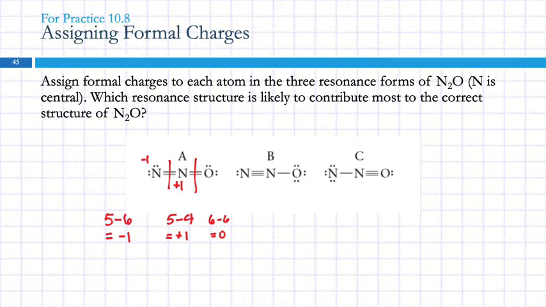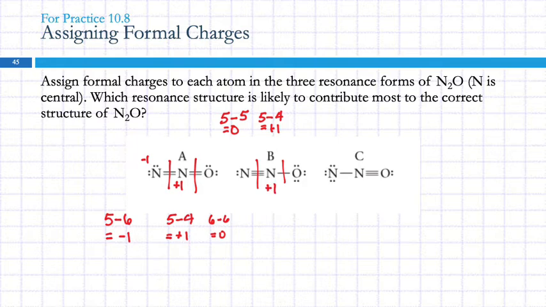Okay, so let's look at this one. Again, we're cutting these in half. And so this nitrogen always brings 5. How many does it leave with? 5. Okay, so that one's 0. And this one in the middle brought 5 and leaves with 4. 1, 2, 3, 4. So this is +1.